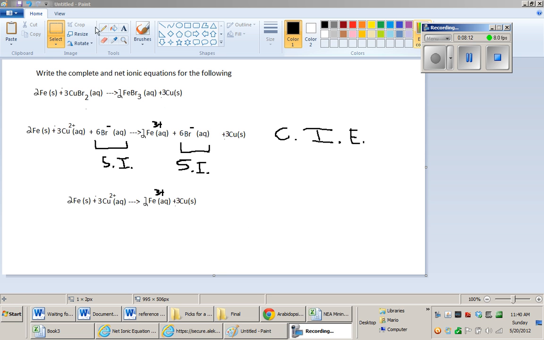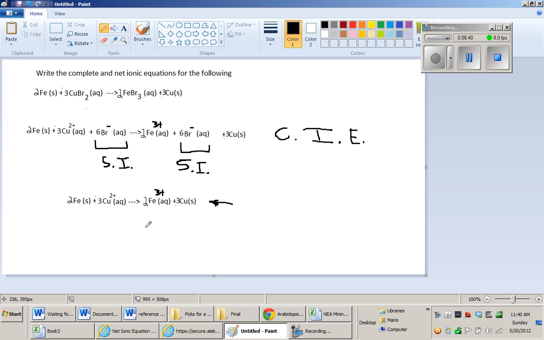Here is the net ionic equation written out, and the only thing I did is remove the bromides. What were the spectator ions? These bromides, I cut them out of the equation, and now I just have listed species that have changed. Iron changes, the copper changes, but these bromides didn't, so they're not listed in the net ionic equation.